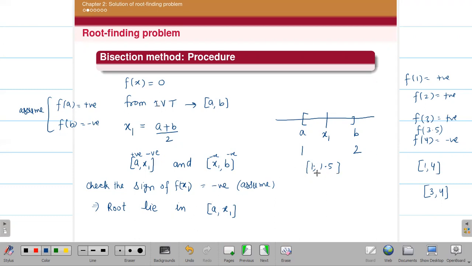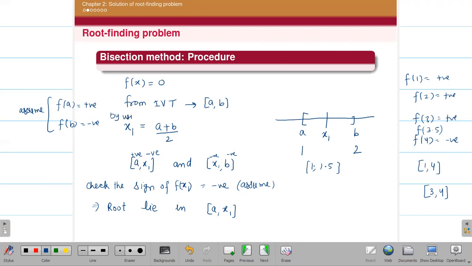Yes. So it will be better if you have a smaller interval than this. So now the root will lie in this interval. So now again I'm using the bisection. Actually IVT and bisection, you have to use them together only. Here I've used IVT, then I'm using bisection.